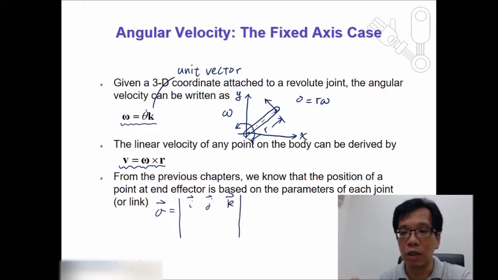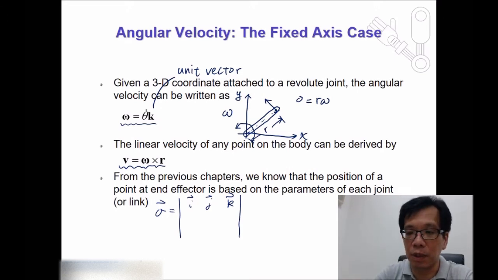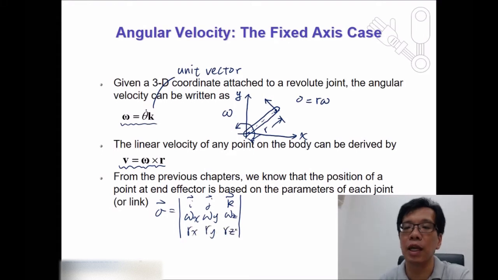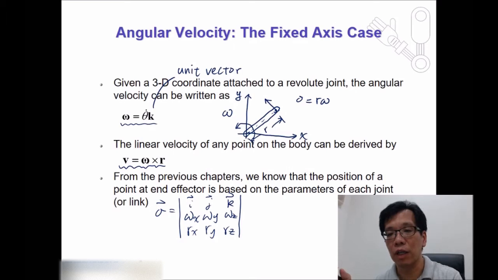For the second row, since we say it's omega cross product r, it must be omega x, omega y, omega z, and the third row Rx, Ry, and Rz. Then we get the information. This part is going to be explained in the later part of the class. But over here, what we're trying to do is find the formula that gives us the velocity in 3 dimensions. That is something we have already learned in dynamics.